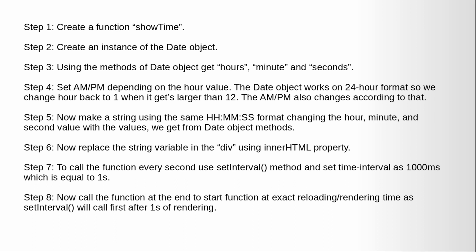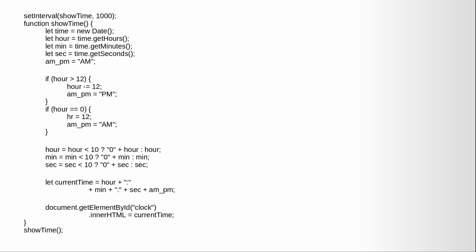Step 7 is to call the function every second using setInterval method and set time interval as 1000 millisecond, which is equal to 1 second. Now call the function at the end to start function at exact reloading rendering time, as setInterval will call first after 1 second of rendering. So step 1 is to create a function in JavaScript, that is showTime.